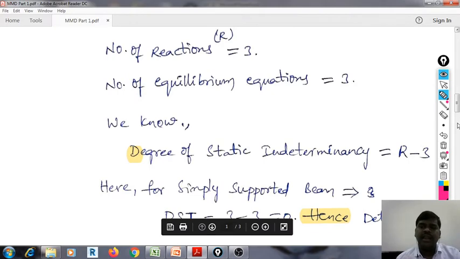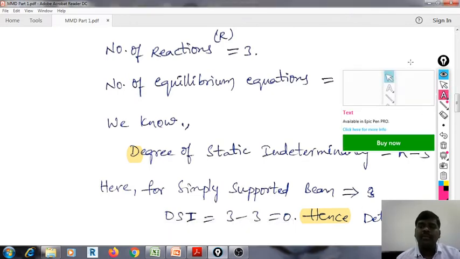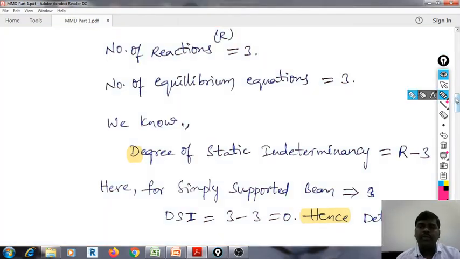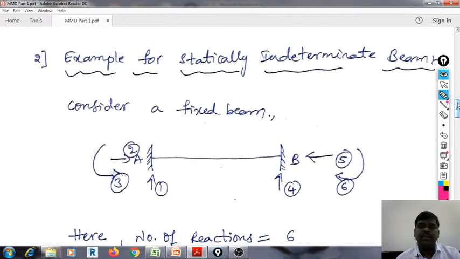So what is an indeterminate beam? In the second example, consider a fixed beam. At joint A we have 1, 2, 3 reactions, and at joint B we have 4, 5, 6.